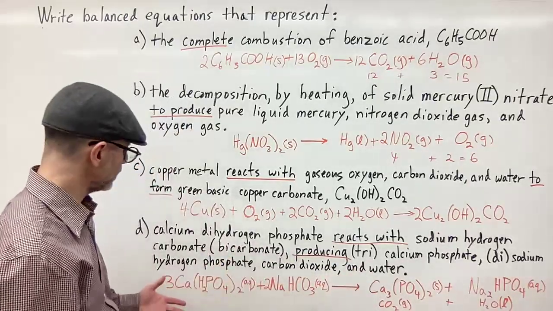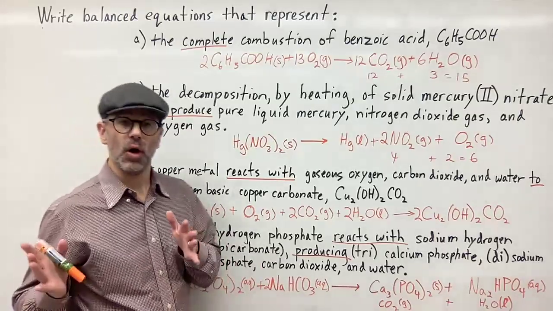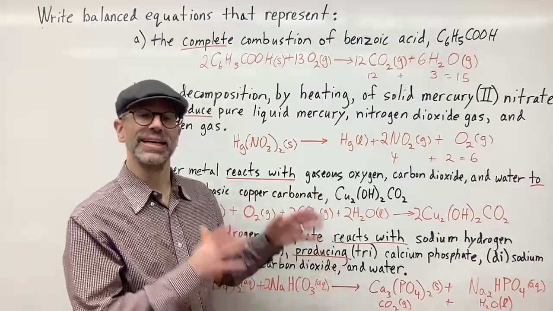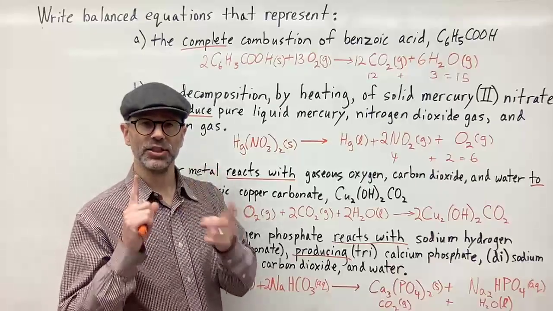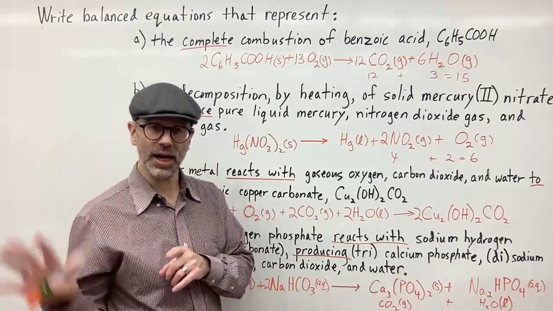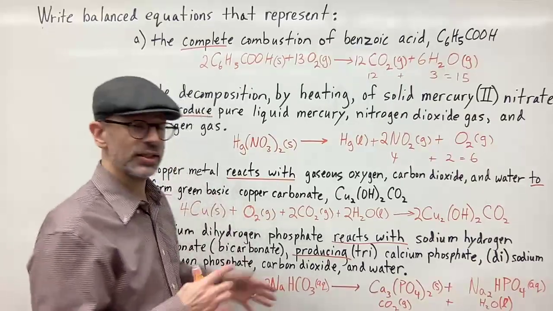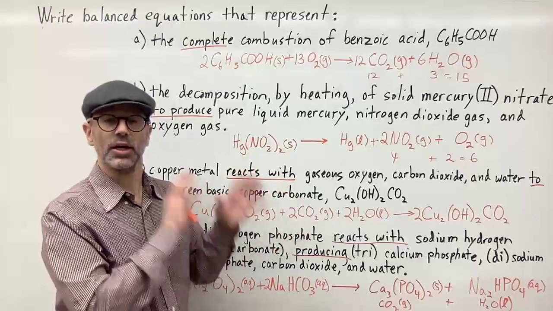So in this case, I'm just going to follow the rule of thumb, meaning that I'm going to balance all the nonmetals first, except for oxygen and hydrogen. And then when it comes to oxygen and hydrogen, I'm going to balance oxygen last. Typically you balance oxygen last, unless, of course, you have an element other than oxygen that's by itself.